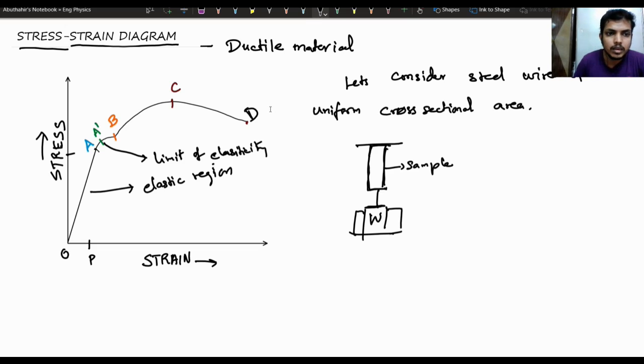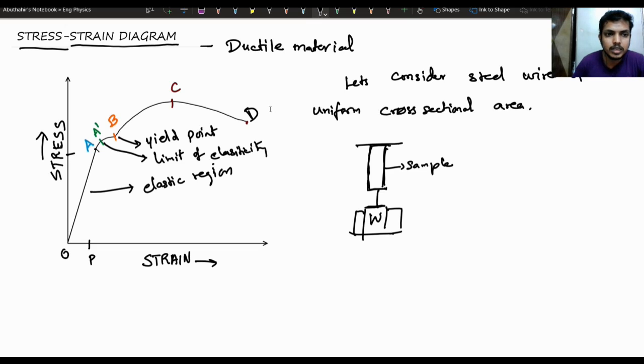Then another point here is B. That point B is the yield point. What the yield point means is when the stress level is increased and the limit of elasticity is over, then it is no longer linear. Linear means a straight line, but after that it takes a non-linear shape.